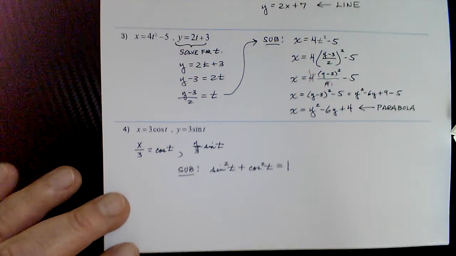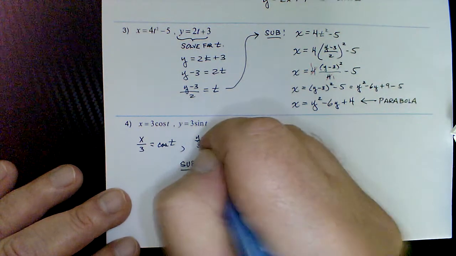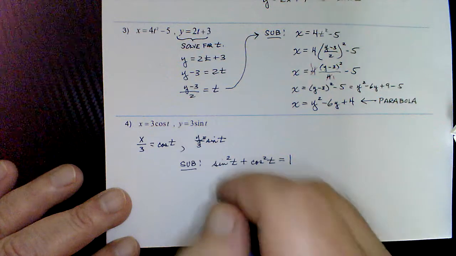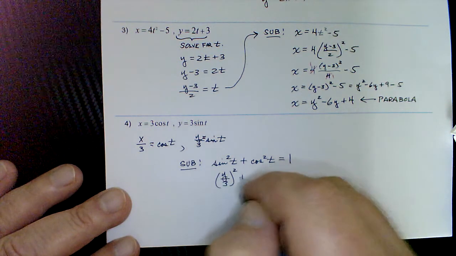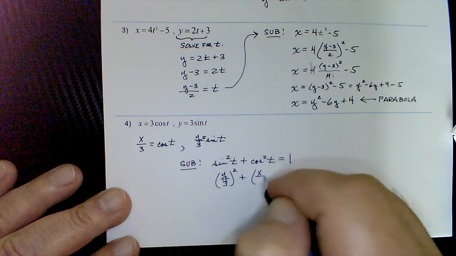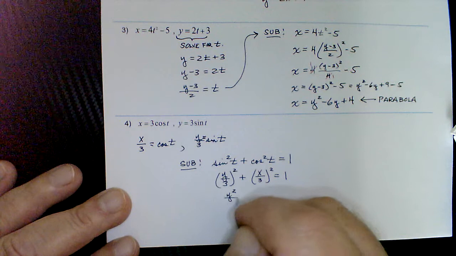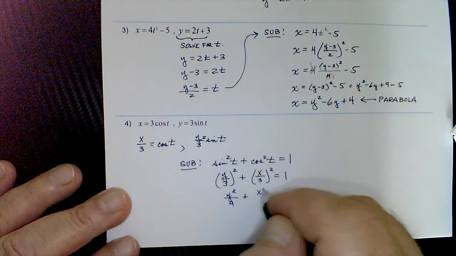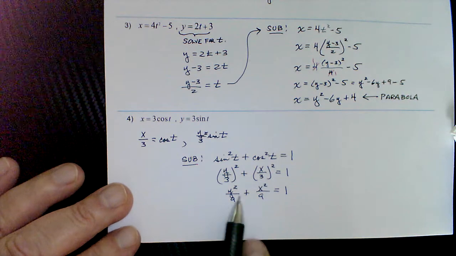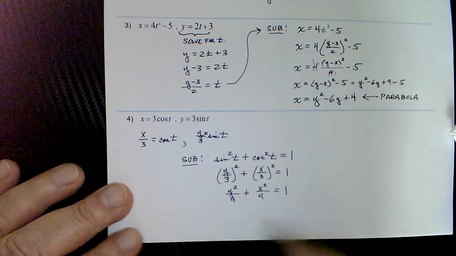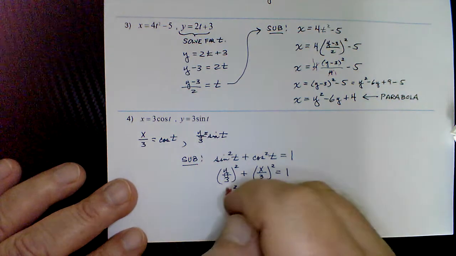So that's a known relationship. Sine of t is y over 3, that has to be squared. Cosine of t, x over 3, that has to be squared. So y squared over 9 plus x squared over 9 equals 1. And now because the coefficients are the same, let's multiply everything by 9. I want to show that.